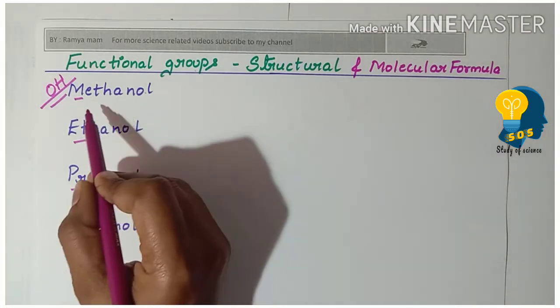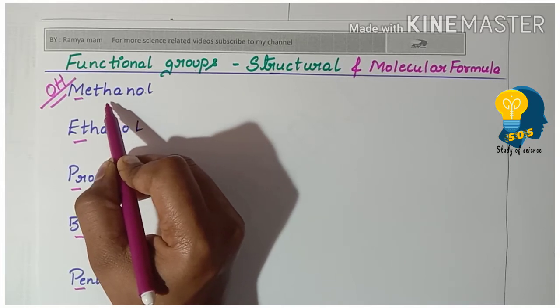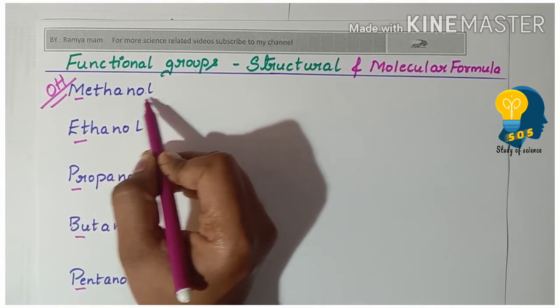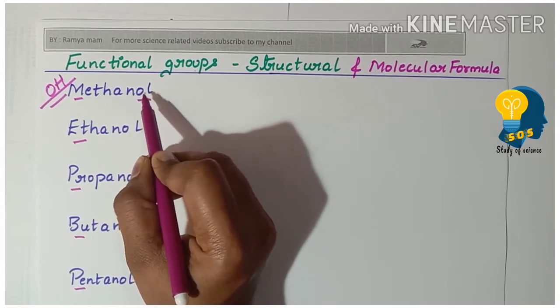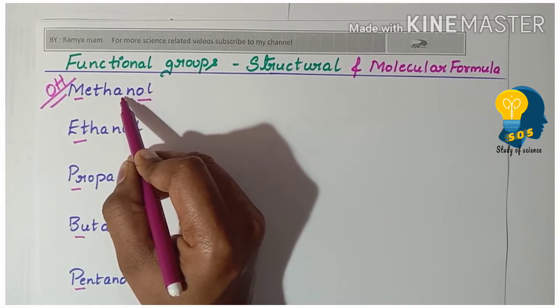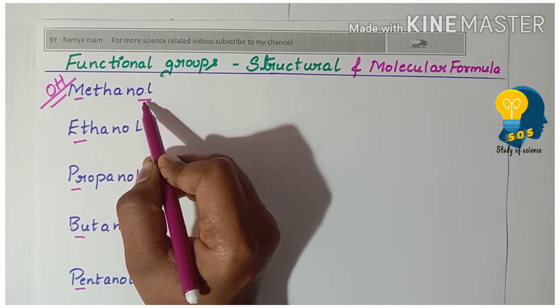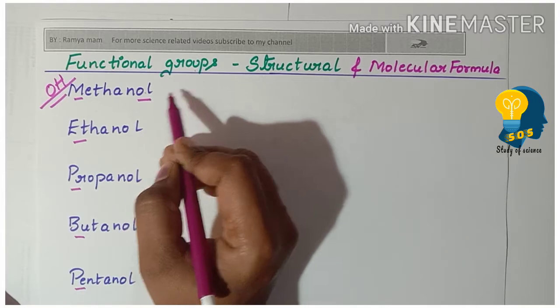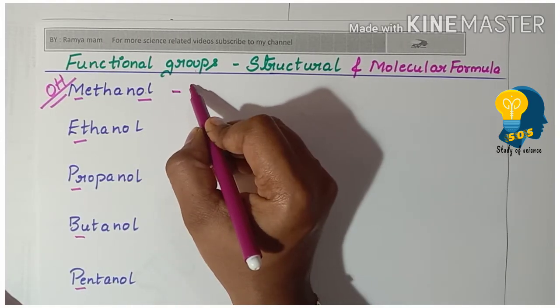Okay. So methanol. Here, methane. For methane, we are going to add OL. Before adding this, the methane loses 1 hydrogen. It becomes methyl. For the methyl group, we are going to add OL. So what is the formula of methane? The formula for methane is CH4.